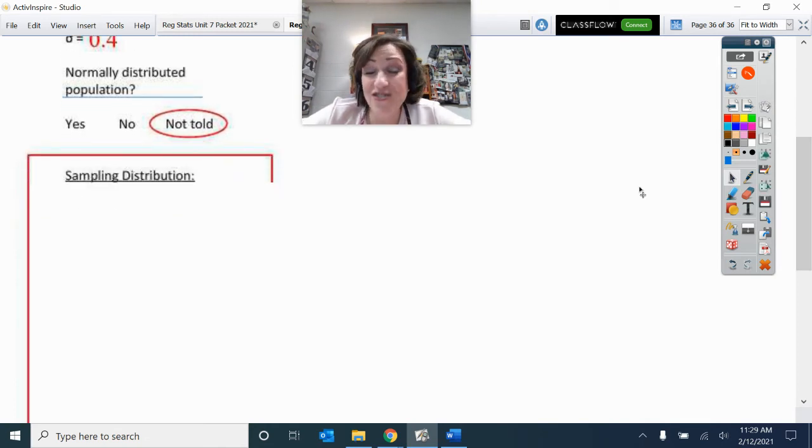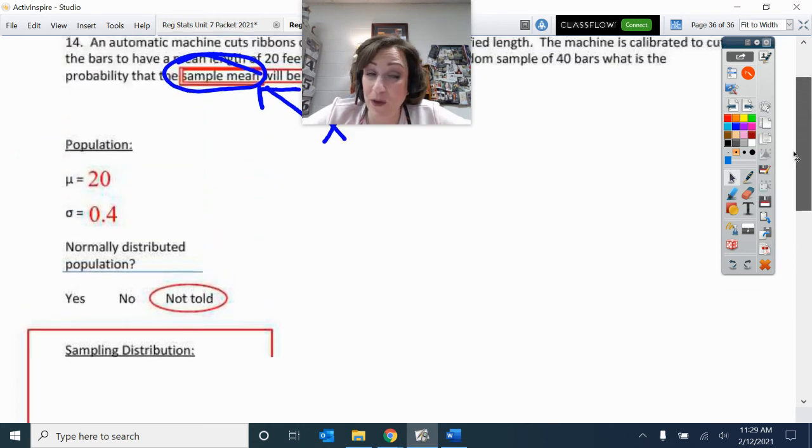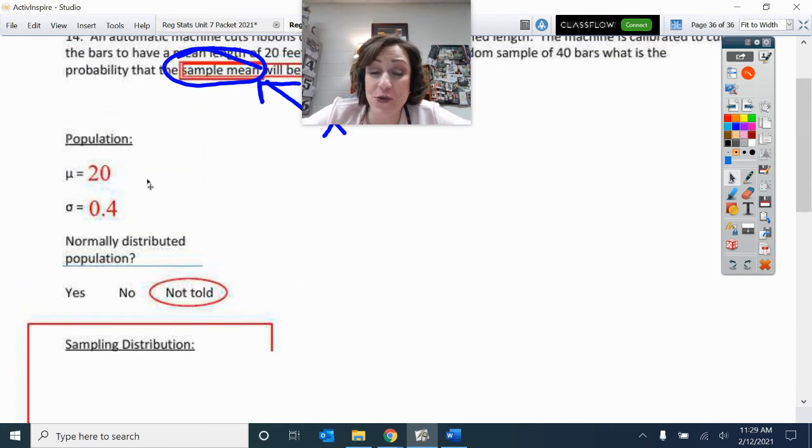So what that tells us is we may or may not have the right to actually compute normal model math with the population. So I cannot compute the probability that one bar is a certain length. I don't even have the right to compute with the population data.